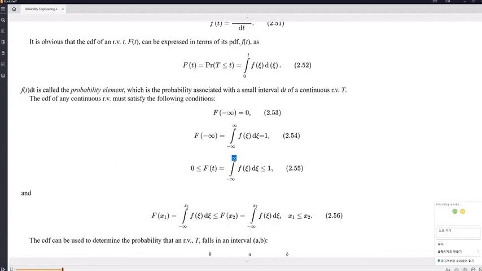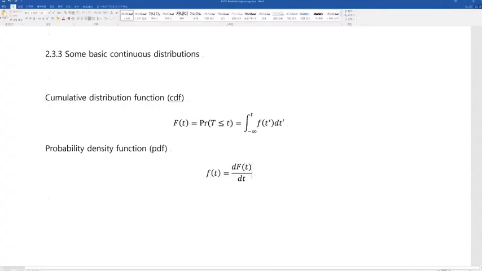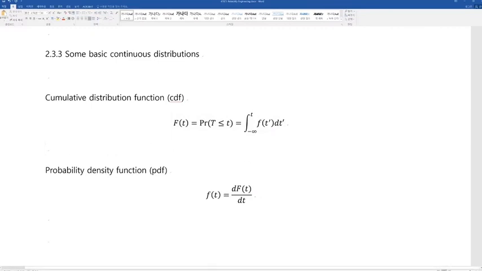So let me rewrite all these equations here. So with this, some properties are, so these are all properties related to the PDF.